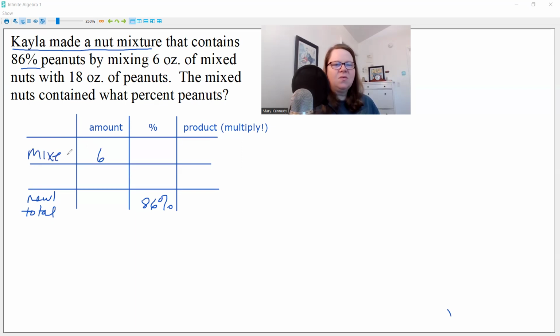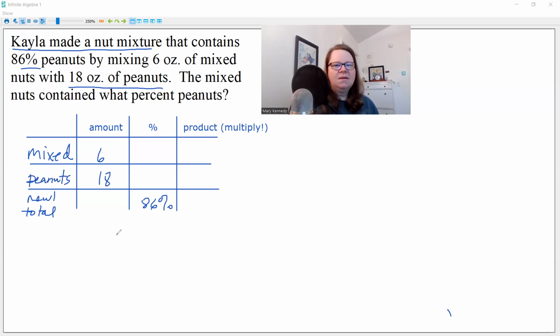So she's starting with a bowl, a container, whatever, of already mixed together almonds and cashews and pecans and peanuts and all the different things, right? And so it's mixed up, and she combines that with 18 ounces of peanuts.